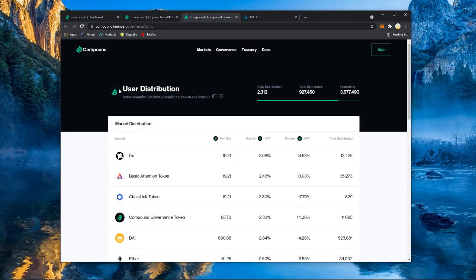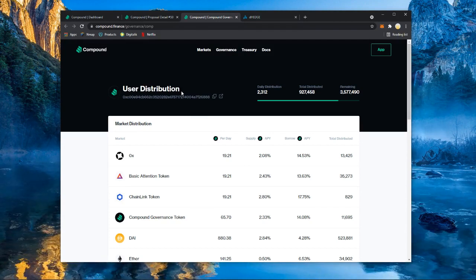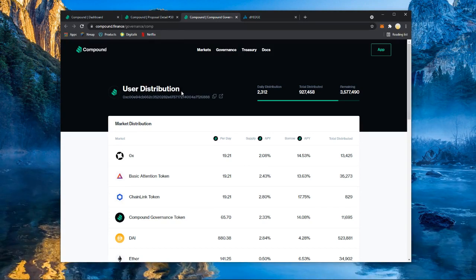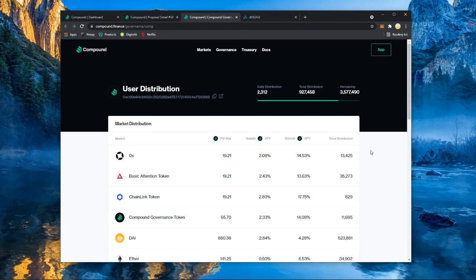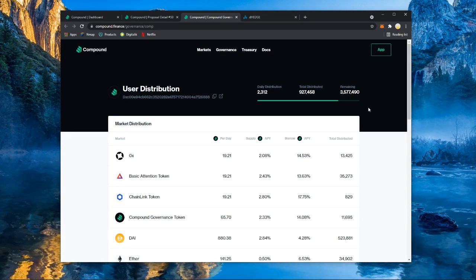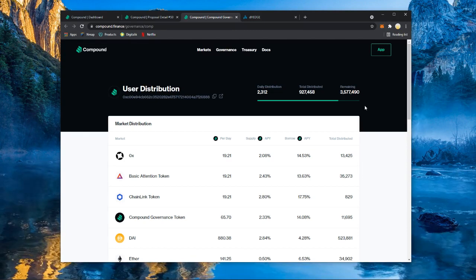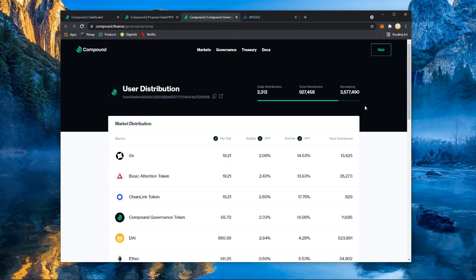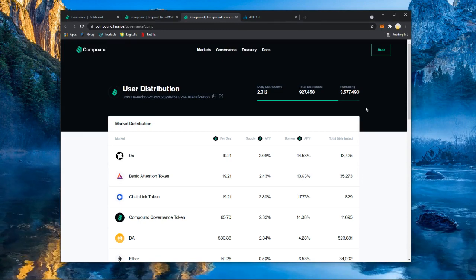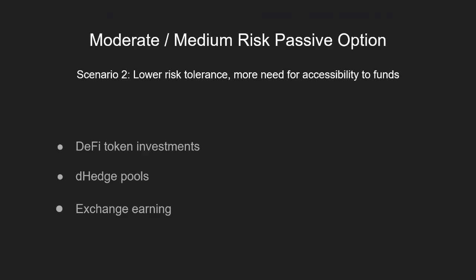We can see the user distribution of those supplying and borrowing tokens against or with Compound. So like many decentralized applications, Compound creates its own token that plays a role in the borrowing and supplying of different cryptocurrencies.